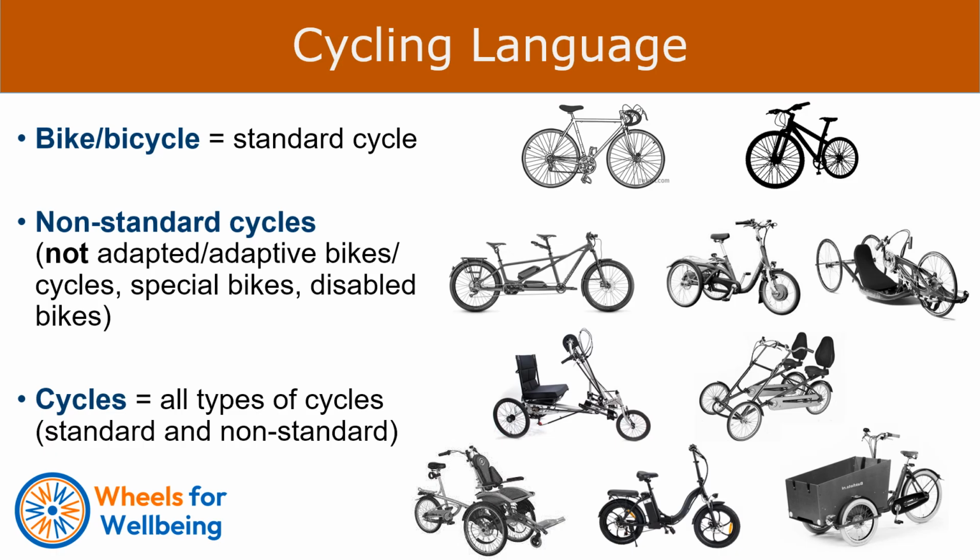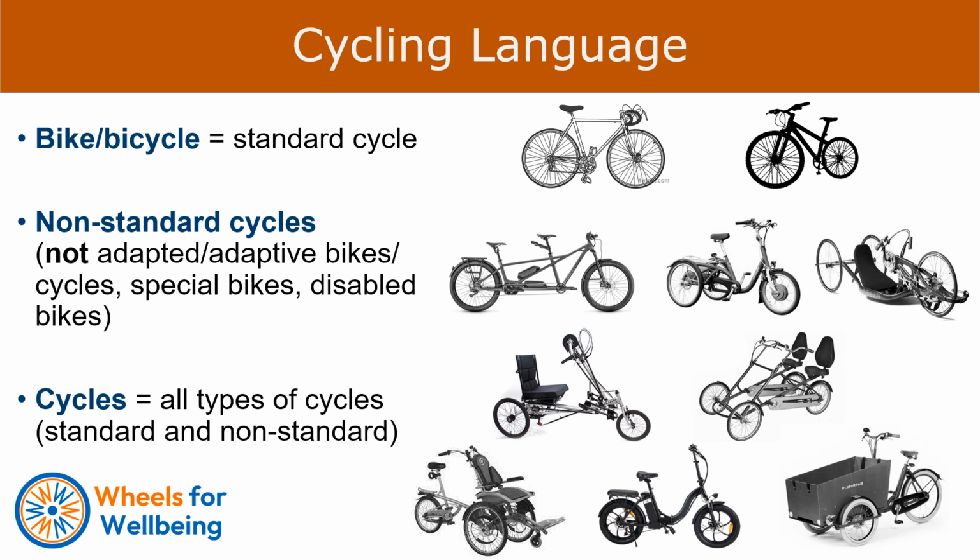We would never use the term adapted or adaptive cycles to refer to something like a hand cycle or a tandem or a trike, because adapted means something different to non-standard cycle. When we talk about a cycle being adapted, that means that some bespoke alteration has been made to it to make it more accessible.